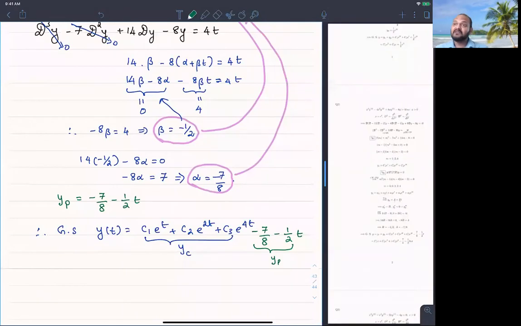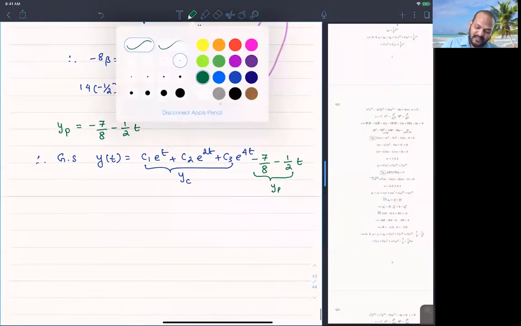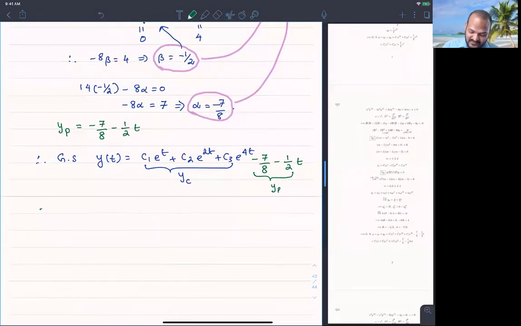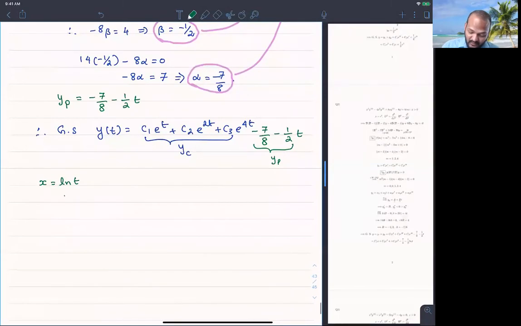Now we are not done. We need to rewrite this in terms of x. The substitution for that would be that x is equal to e to the t, in other words, t is equal to ln of x.